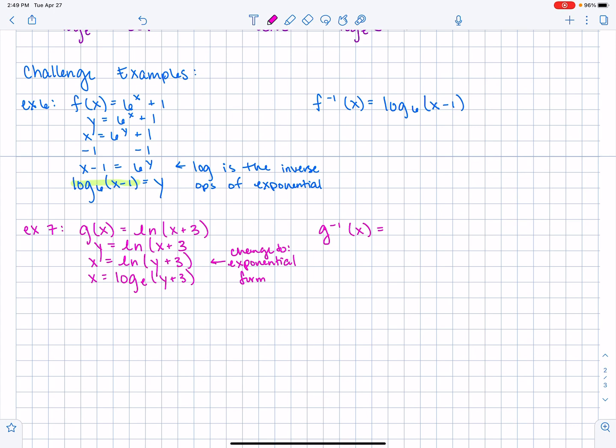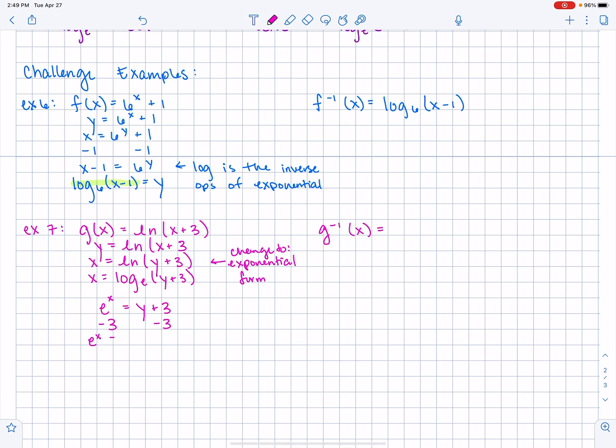Okay, so now we can say e to the power of x, because this is our exponent if this is in log form. So base, exponent, answer is equal to y plus 3, and now we can isolate y by subtracting 3.